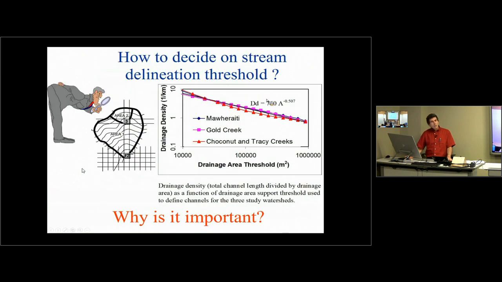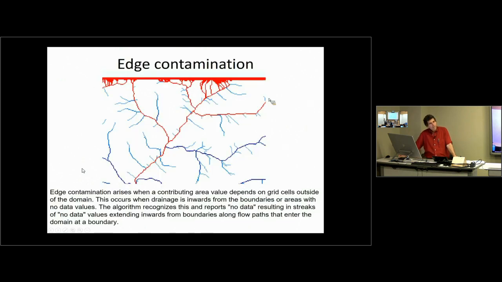I have a question on that. Go ahead. So back on the last slide, you're saying that all of the red, even the streams that are delineated, are to some extent contaminated because of the top where you didn't have enough information, and so that contamination kind of trickled through all the way down.